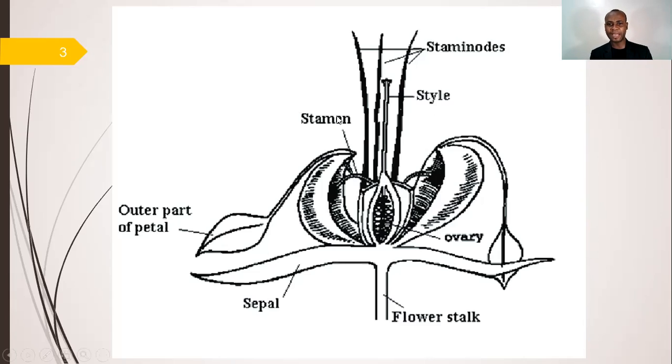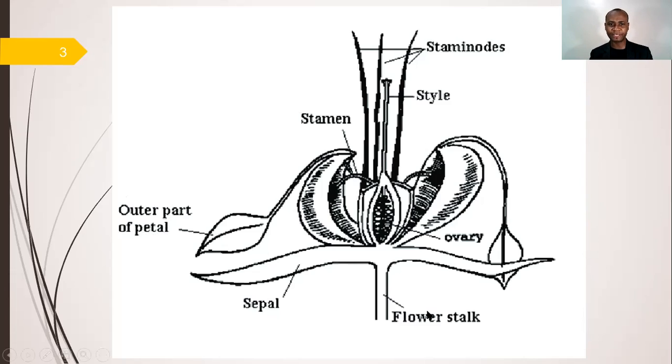And then we have the stamen. The stamen is considered the male structure. So the style all the way to the ovary constitute the female structure. Over here we have the petal. The petal usually covers the male part of the flower, and then we have the sepal, and then the flower spore.